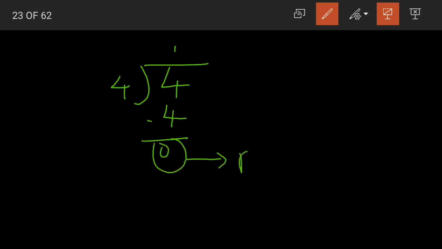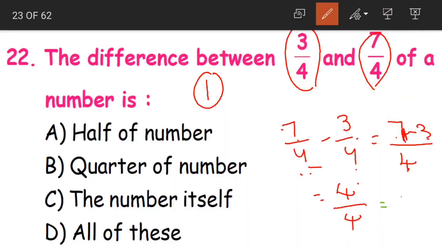If we divide 4 by 4, the quotient is 1 and the remainder is 0. So when we subtracted 7 by 4 and 3 by 4, we got 1.